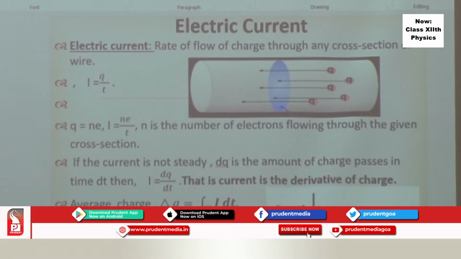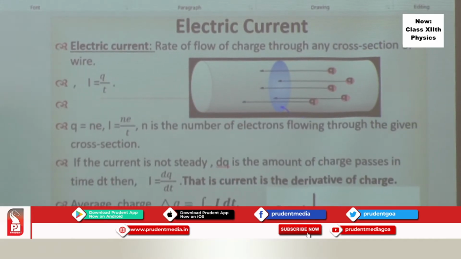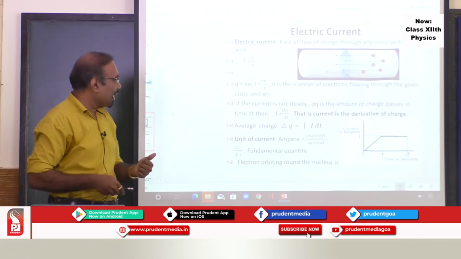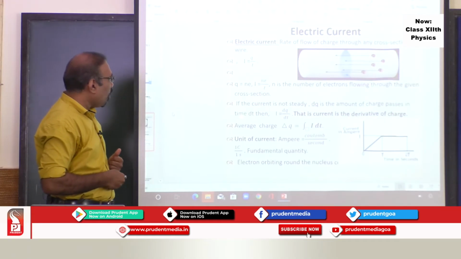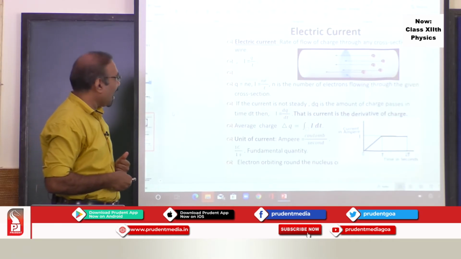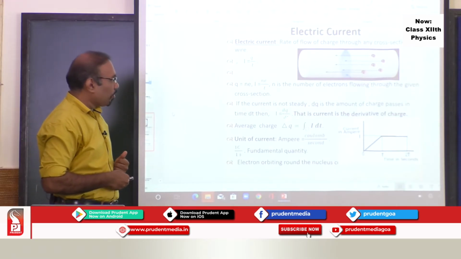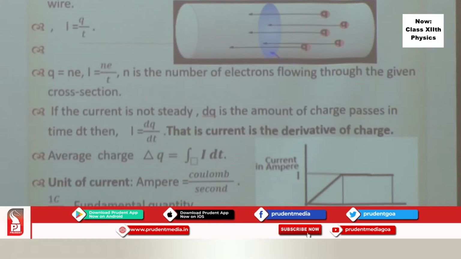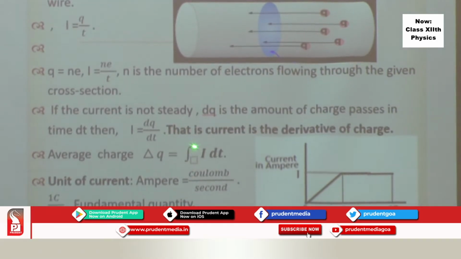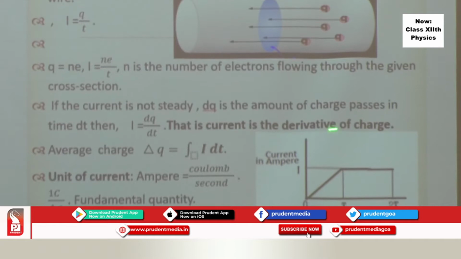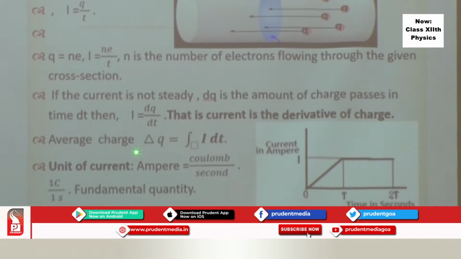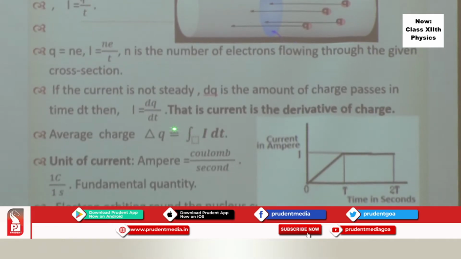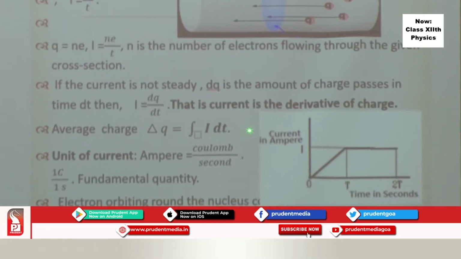Now, if the charge flow is not steady, that is unsteady, in that case you take a small amount of charge passing through a small time interval dt, and that charge upon dt, dq/dt, will be the current. In mathematical terms, current is the derivative of charge. Also, if you want to find the charge, you can use a different formula, the integral of I dt.